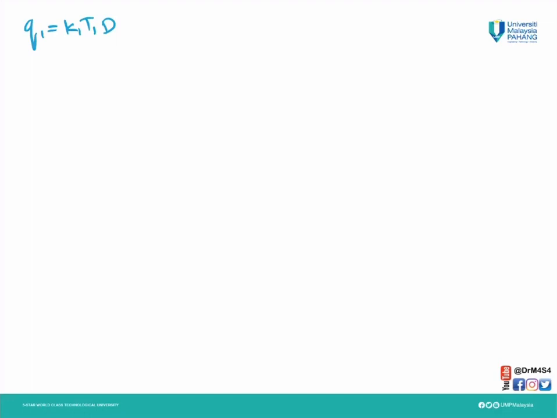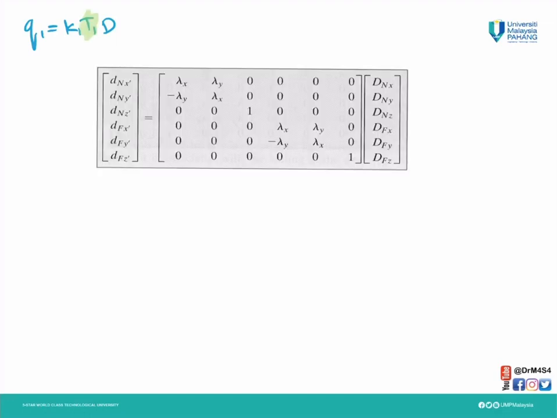The transpose matrix we can get from this arrangement, where D equal to TD, or transpose matrix is this matrix. So we need that matrix to be imposed in Q1 to get internal loading.